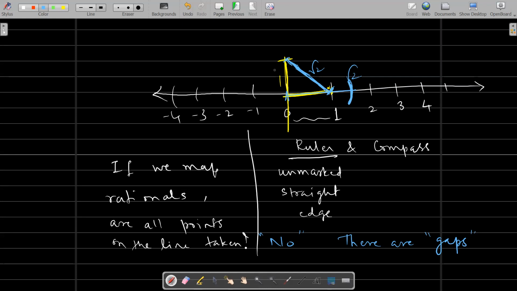Those which are transcendental are surely not constructible, but what you're saying, the other way, is incorrect.